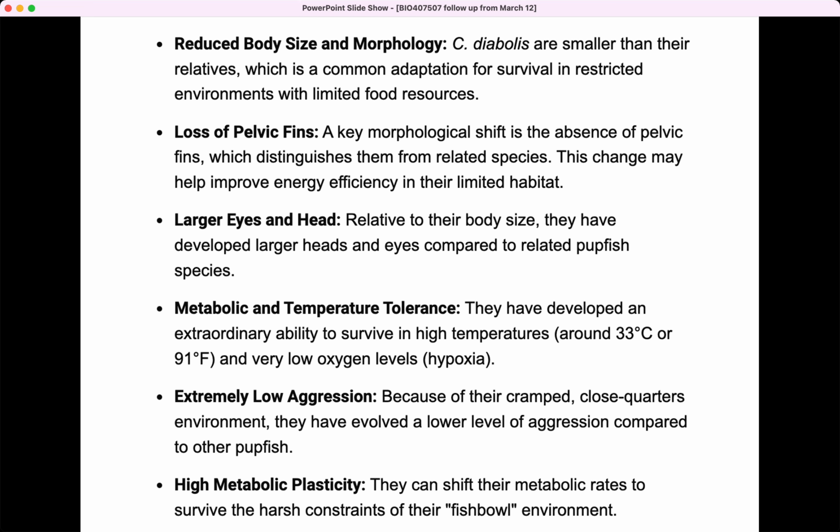So let's just imagine that metabolic plasticity and the ability to handle really high temperatures may have been the primary plasticity that drove this evolutionary change in these pupfish, and some of these others were kind of a consequence, because thyroid hormone may play a role in the development of these other parts.